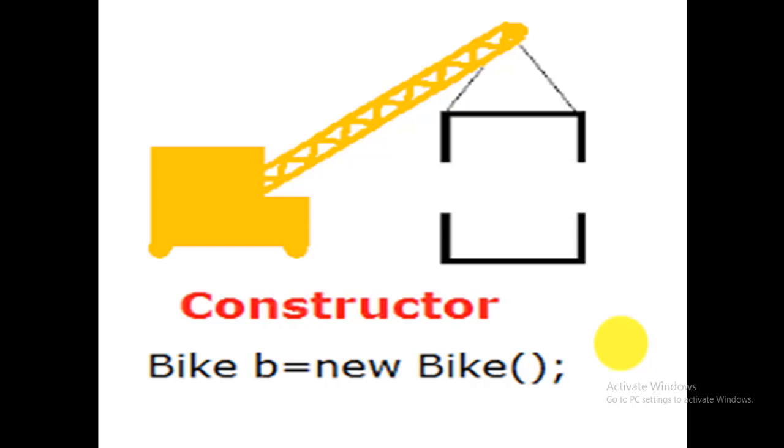When we create an object, it automatically calls the constructor, that is a method, a function in the C++ language, and it basically constructs that object for that specific class. Fine. So let's see the constructor in detail.